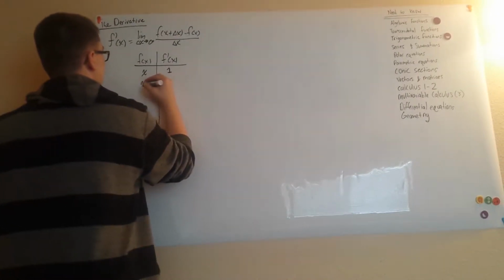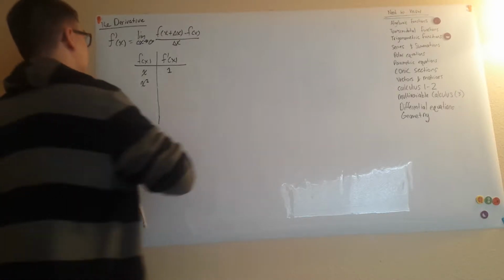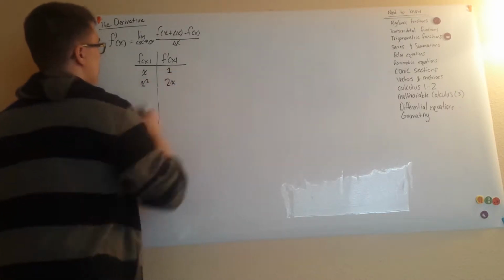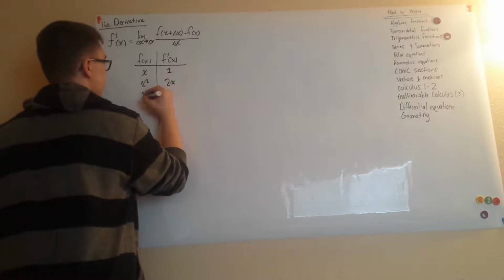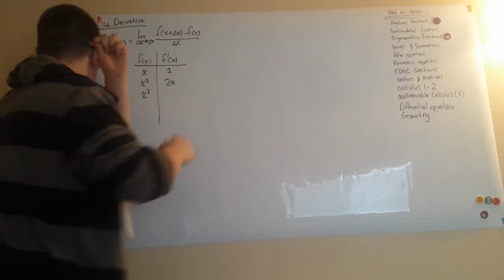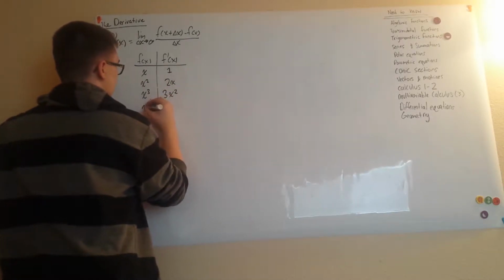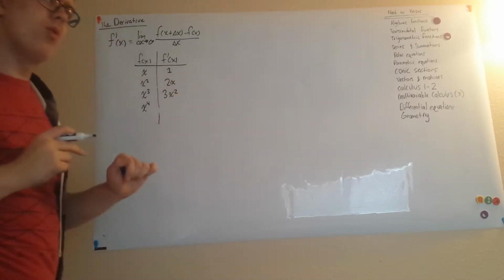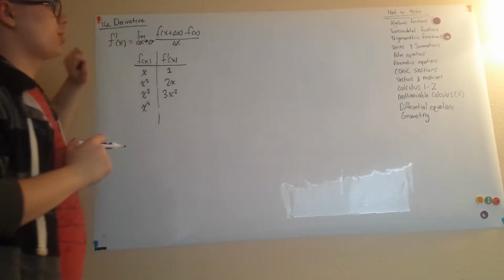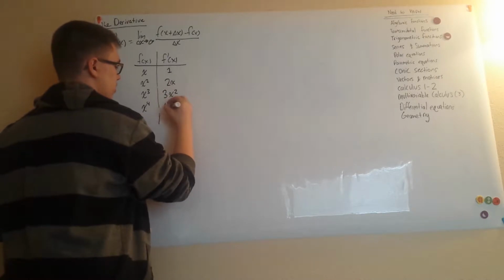What about x squared? Well, remember we did that? We got 2x, right? What about x to the third? Well, if we plug in x to the third into this equation, f prime of x is going to equal 3x squared. And if we plug in x to the fourth, it's going to get nasty, but we get 4x to the third.